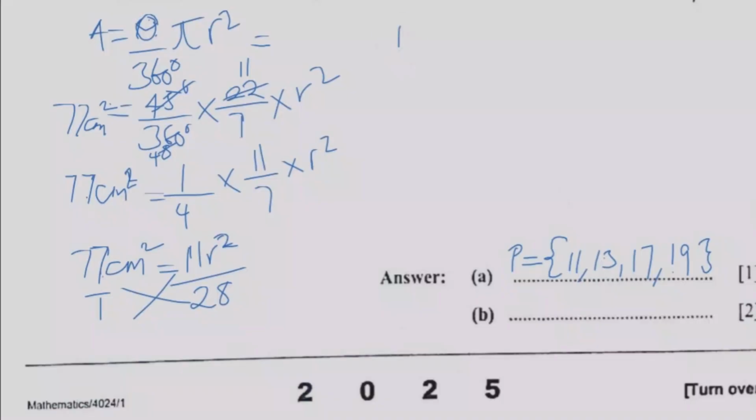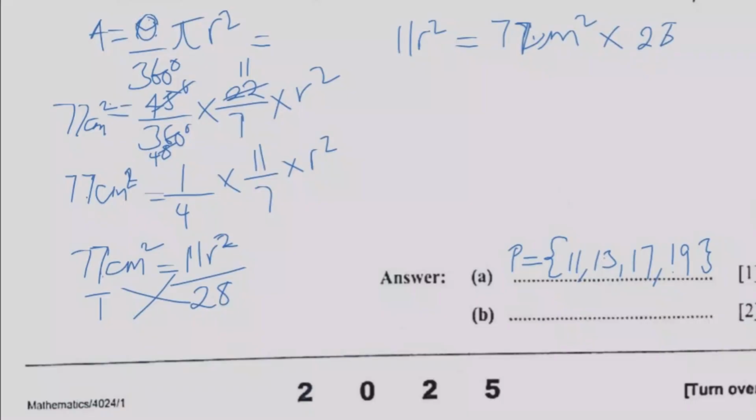So we're going to have 11 r squared, because 1 times 11 r squared gives us 11 r squared, times 77 centimeter squared times 28. If I multiply 77 and 28, it's going to give me a bigger number, so I'm going to write 77 centimeter squared times 28.